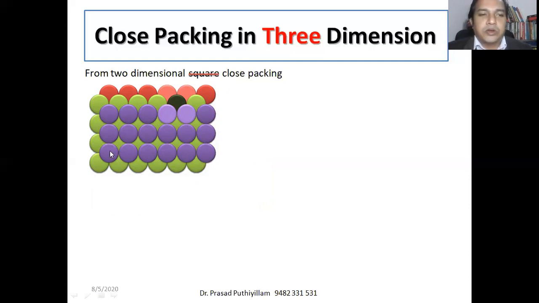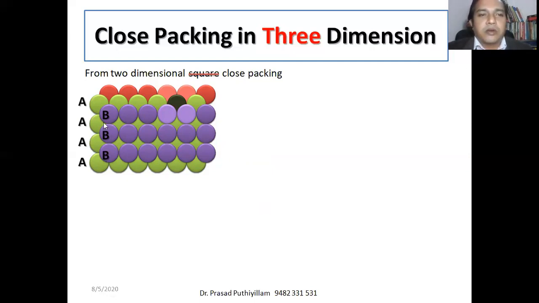Okay, so in one direction it is AA type, whereas in the other direction, perpendicular to that, the molecule which is arranged above that first layer or second layer is not exactly A type. It may be B type also because it is covering the voids.